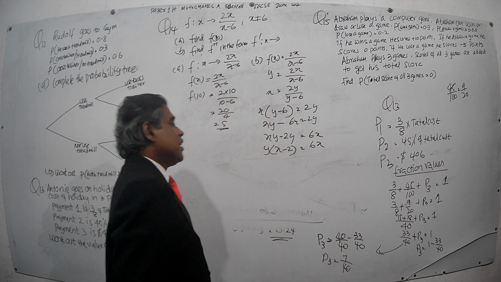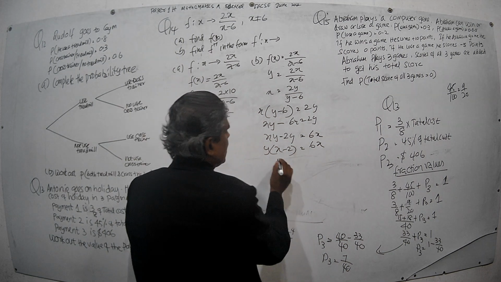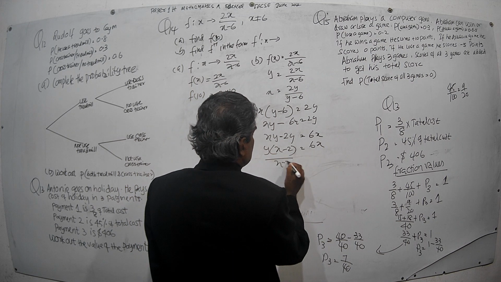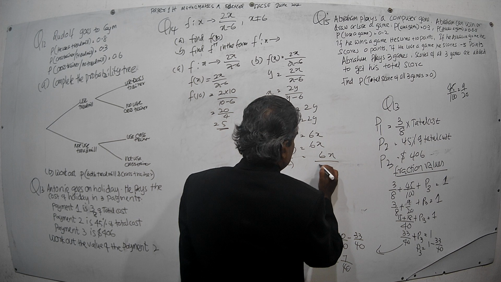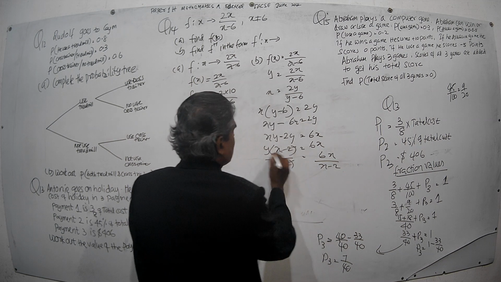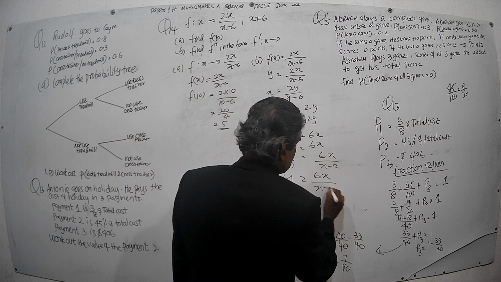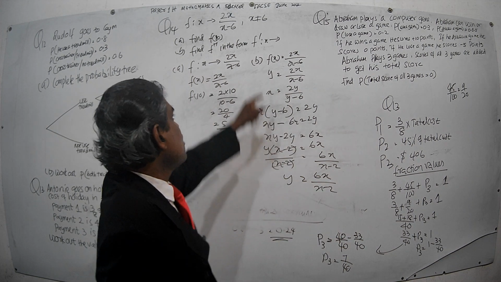Okay. Then y is multiplied by x minus 2, so divide by x minus 2 on both sides: 6x divided by x minus 2. What is left is y equals 6x over x minus 2. Then they ask you to give it in this form.